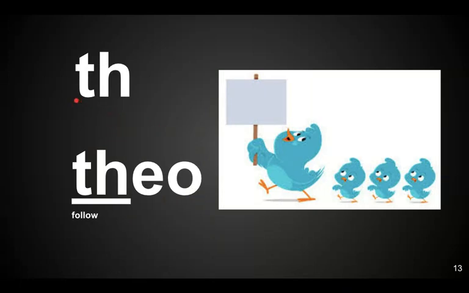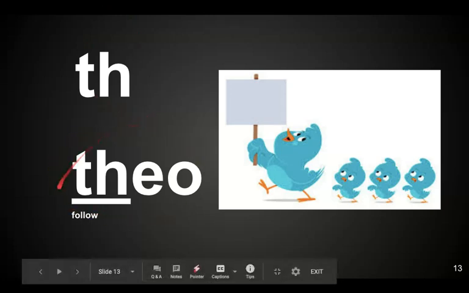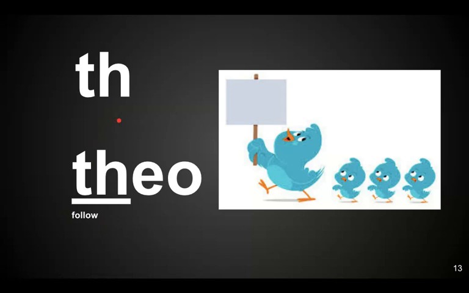Next, we have TH, thờ, soft T sound. TH, thờ, as in theo, to follow. Now, in English and Vietnamese, the T and TH are reversed. What do I mean by that? If you think of the word Tom, like someone's name, Tom is spelled T-O-M.